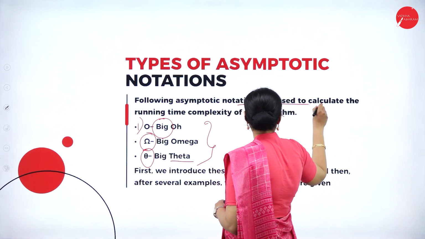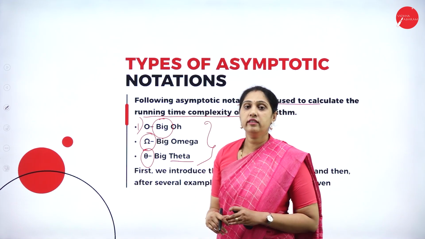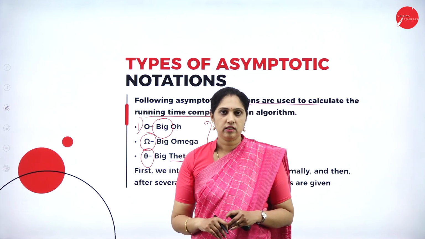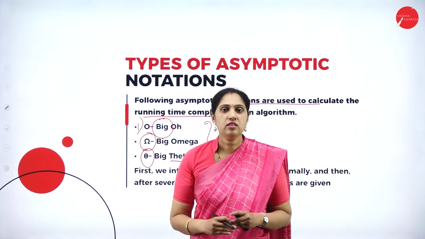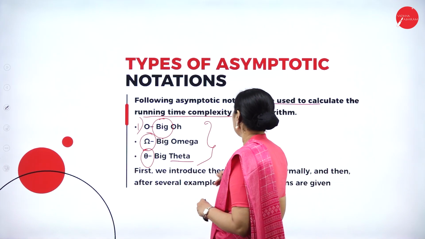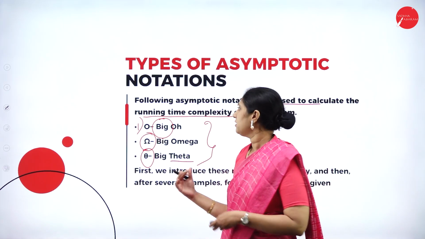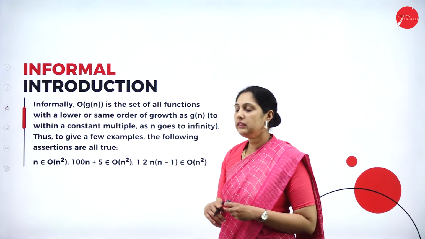So why are these asymptotic notations used? We use asymptotic notation to find the running time complexity, or we can say the efficiency of an algorithm. Where can we use these notations? For the next slide, we'll come to the introduction of it.